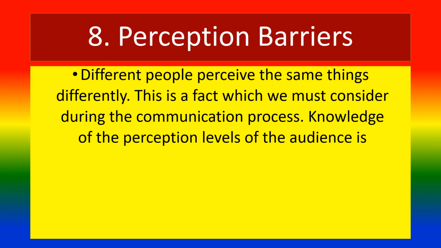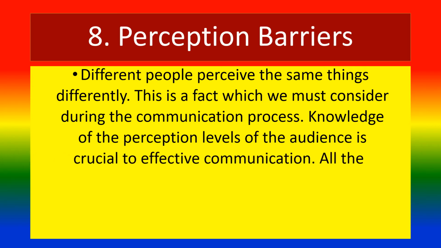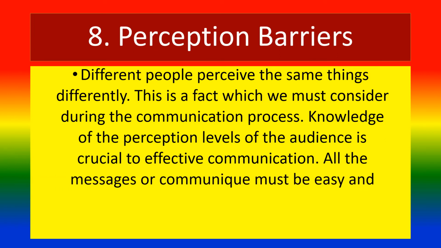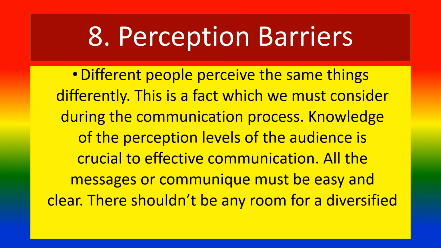Knowledge of the perception levels of the audience is crucial to effective communication. All the messages must be easy and clear. There should not be any room for a diversified interpretational set.